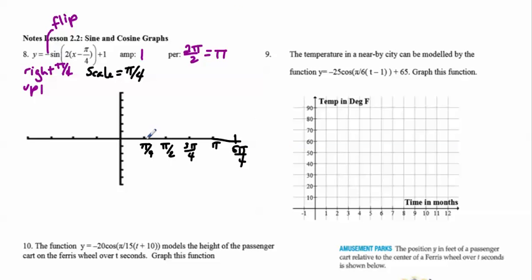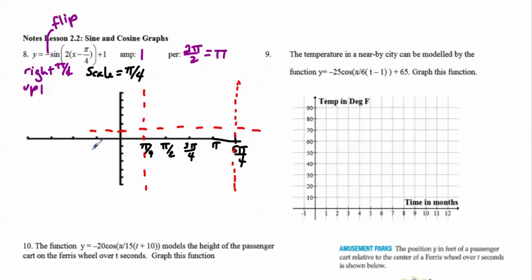I start right pi over 4, so I'm going to start here. And I'm going to end after 4 spaces. 1, 2, 3, 4. My maximum is going to be 1 above the midline because that's my amplitude.